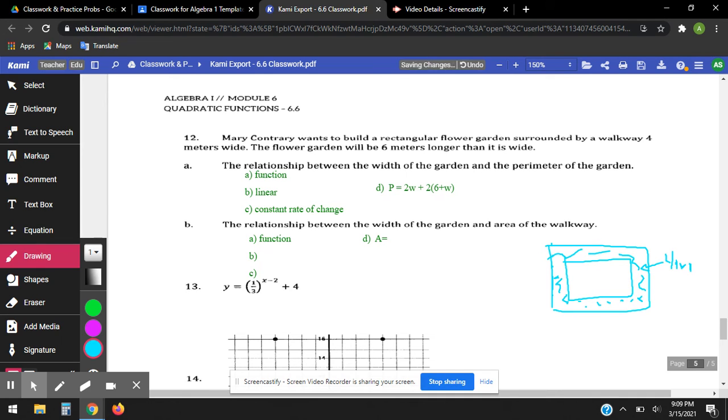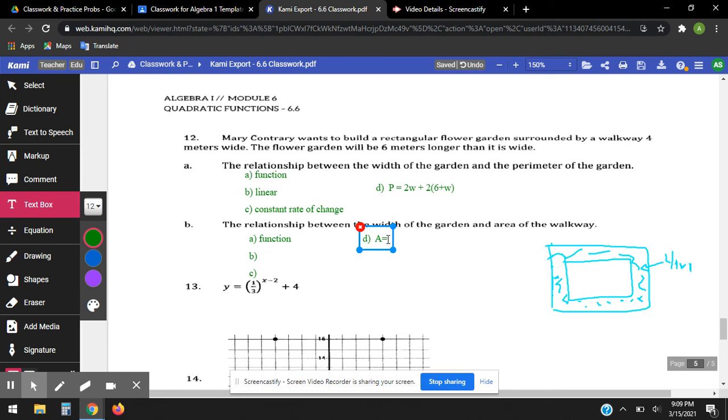So I have to take a length times width minus a length times width, which means I want the area of the walkway, which in this case, if this is my width, it's going to be 4 bigger on this side and 4 bigger on this side, right? Which means it's 8.